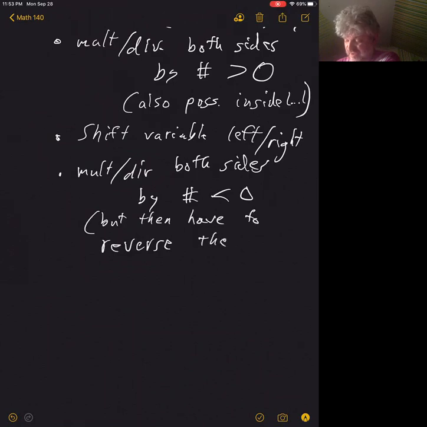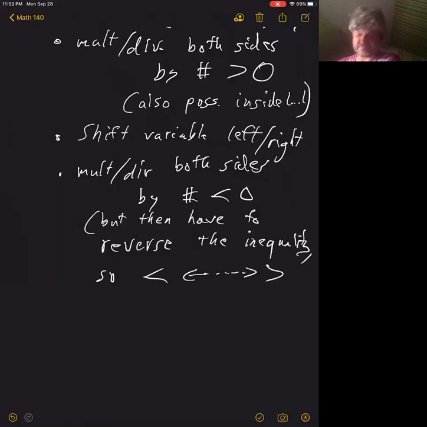So if it's less than, then it becomes greater than, and vice versa. If it's less or equal, it becomes greater or equal, and vice versa.